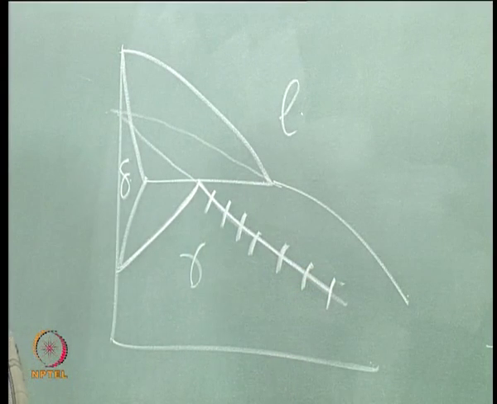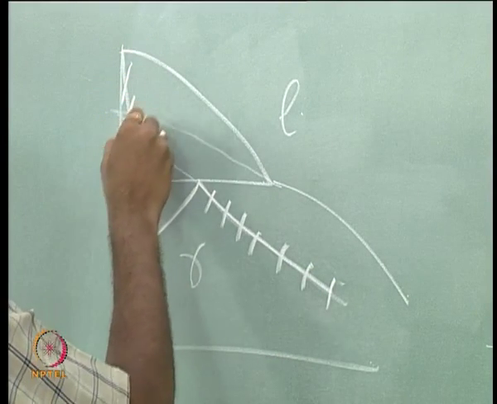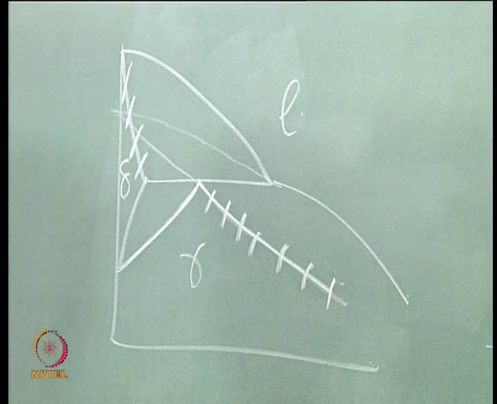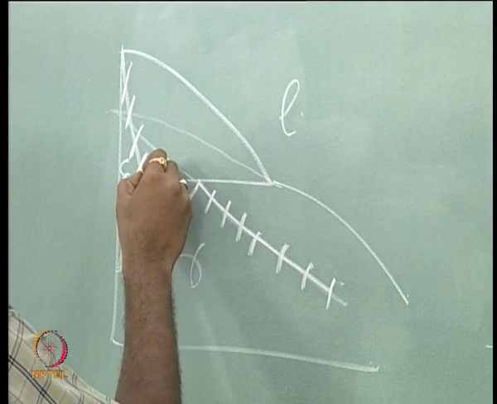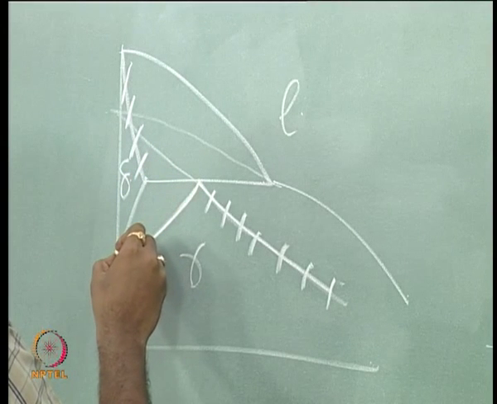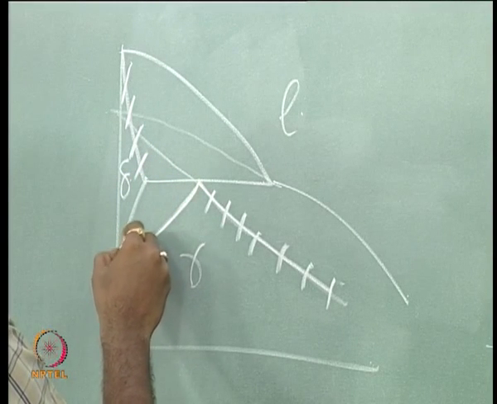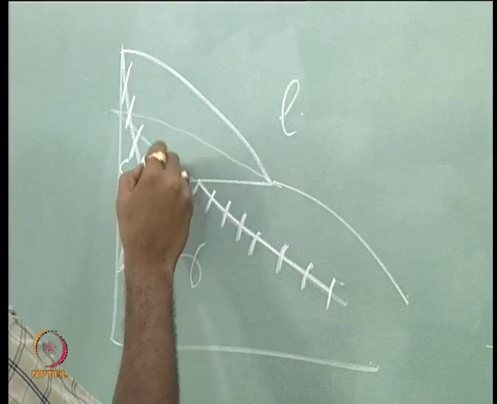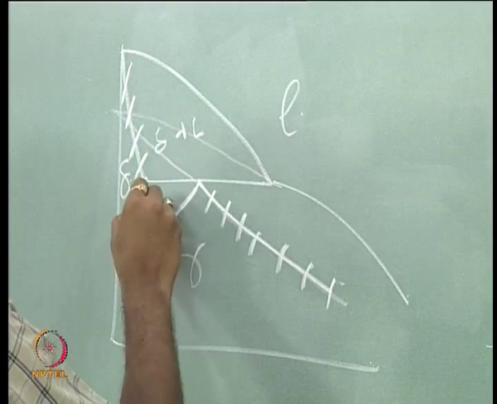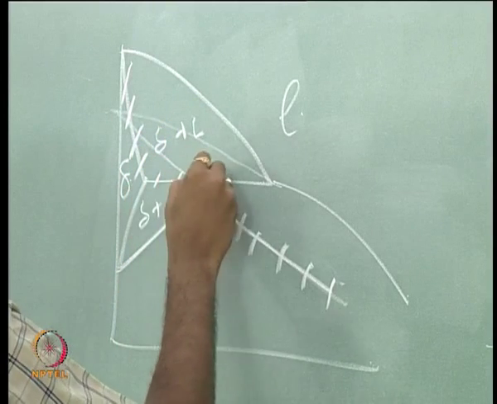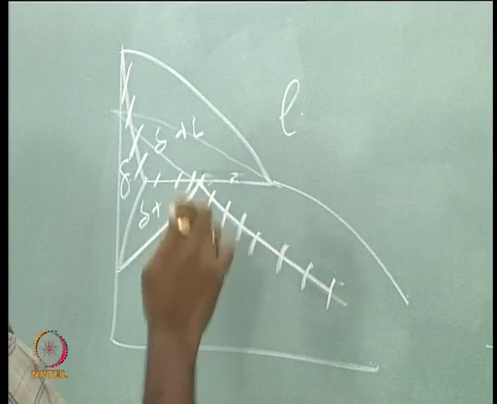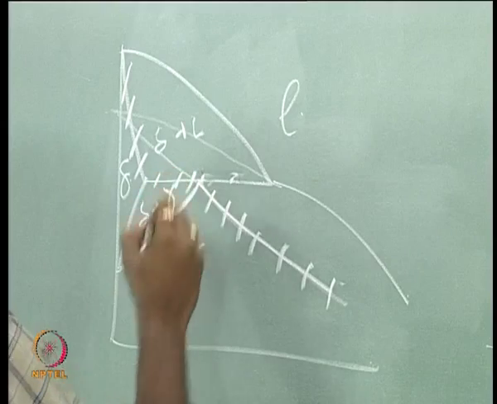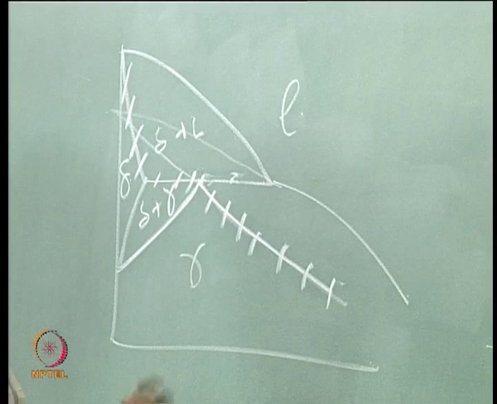Okay, and why don't you put down the phases? Then it becomes easier for you. What is there on the right side of gamma?